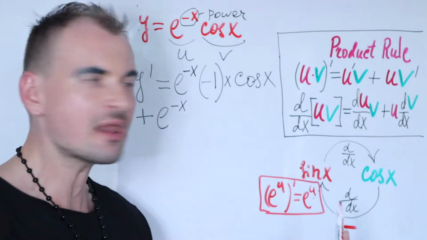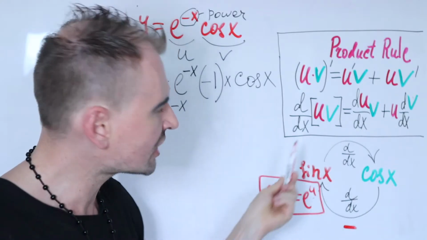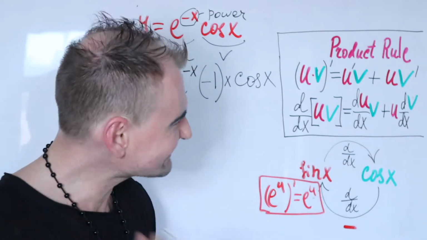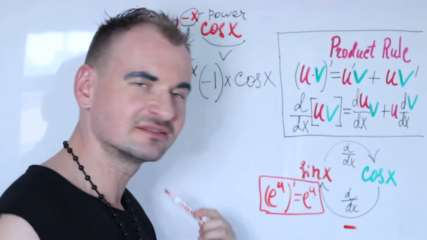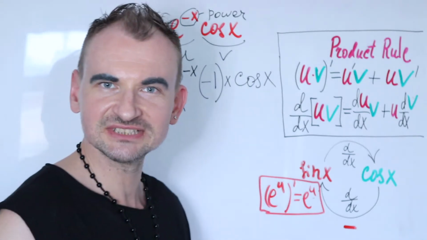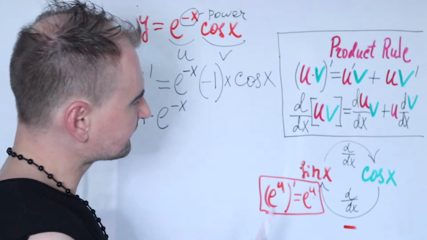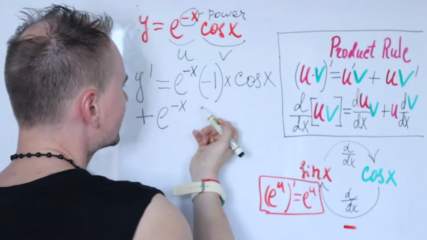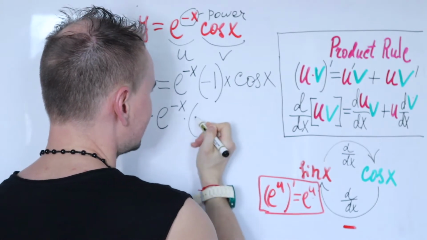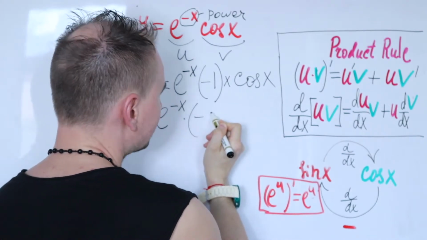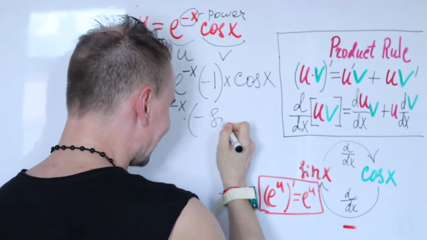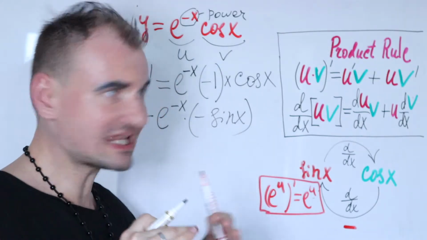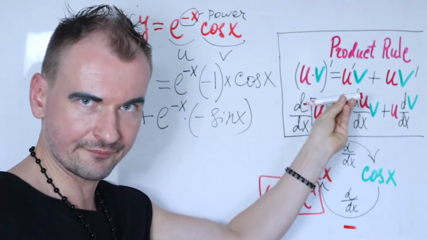So it's kind of cyclical. That's why I try to do my best of drawing something. So this looks pretty beautiful. Now, the derivative of cosine is negative sine anyway. So we would write times then negative sine x.